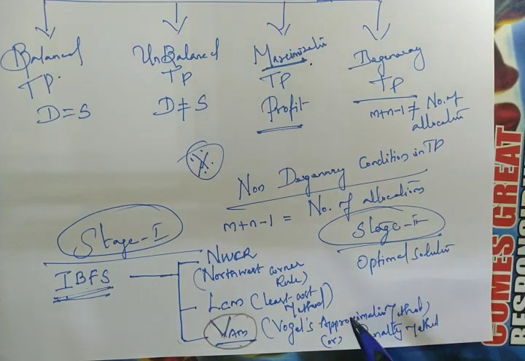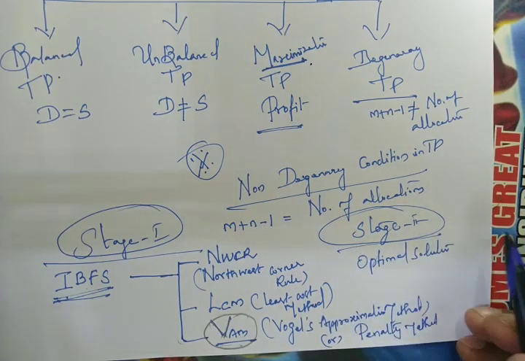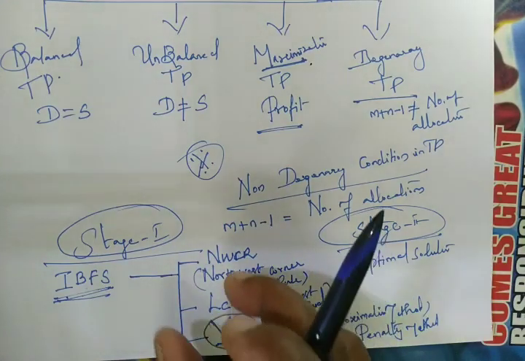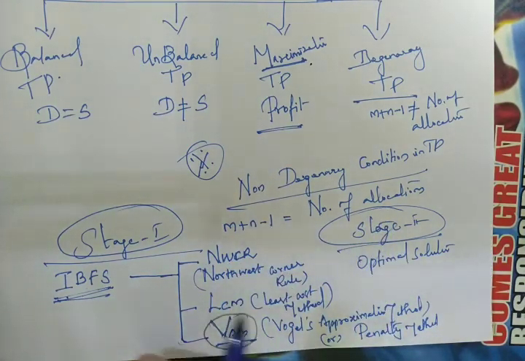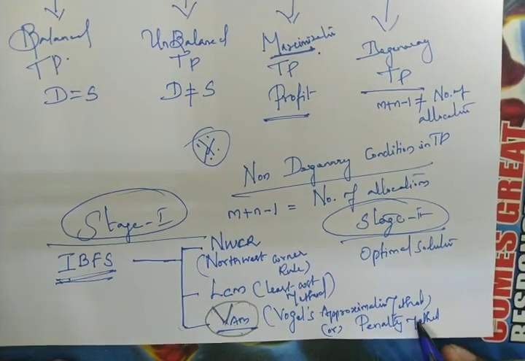Now when you discuss objective type questions, you don't need to bother about the optimal cases. Optimal is only for the big questions. The small questions mainly concentrate on only these three methods and the IBFS cases. So the three methods we have are NWCR, LCM, WAM, or another name for WAM, the penalty method.